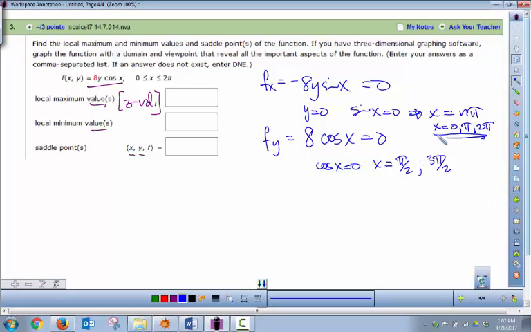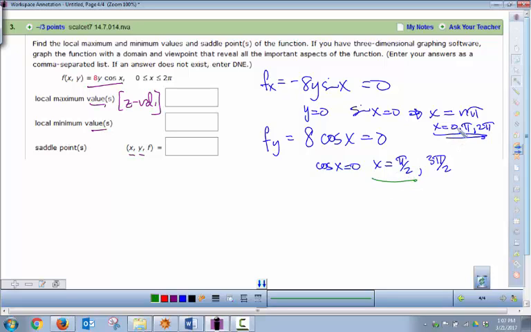So what we need to do is, this is where we need to have both of them equal to 0. So x equal to 0 and x equal to pi over 2 can't happen at the same time. We can't match up the zeros and the pi over 2.